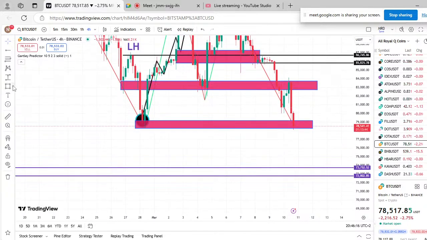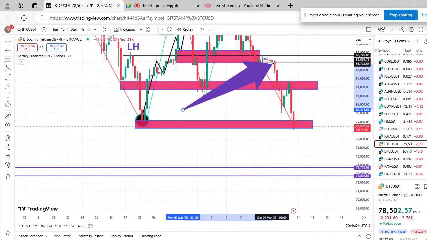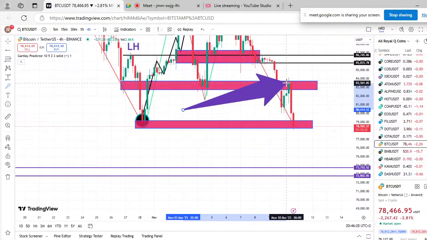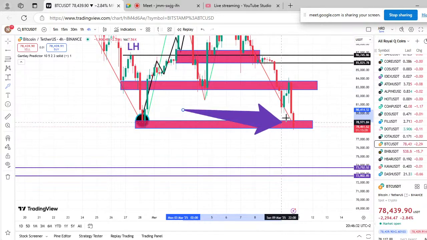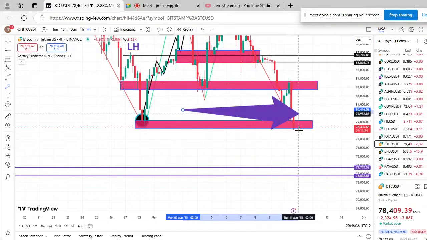This was our point here. You can see how we passed through it, then we came back to test and again dropped. So that is the structure. After breaking, we go back and test, then we drop.